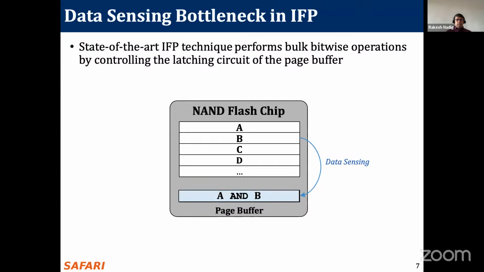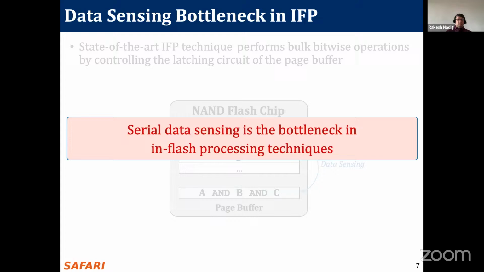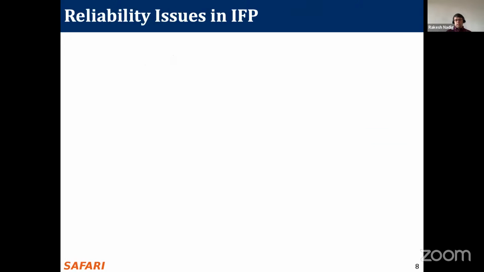So when we read A and then read B, we get a bitwise AND of A and B, and next we read C and we get the bitwise operation of these 3 operands, and so on. If there are hundreds or thousands of operands, we need to read each operand at a time, and the result gets accumulated in the page buffer. So this is an expensive operation because we need to perform 1,000 reads if there are 1,000 operands. So this is the data sensing bottleneck that we see in flash processing techniques.